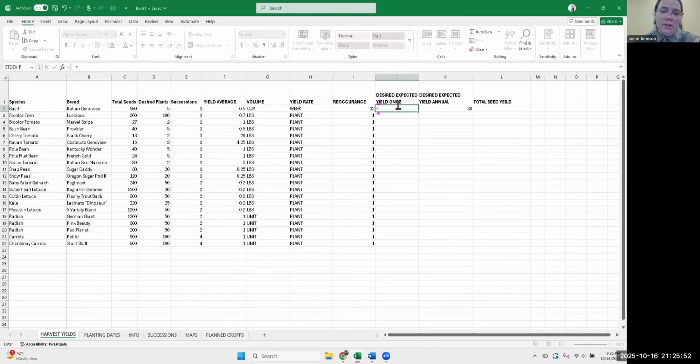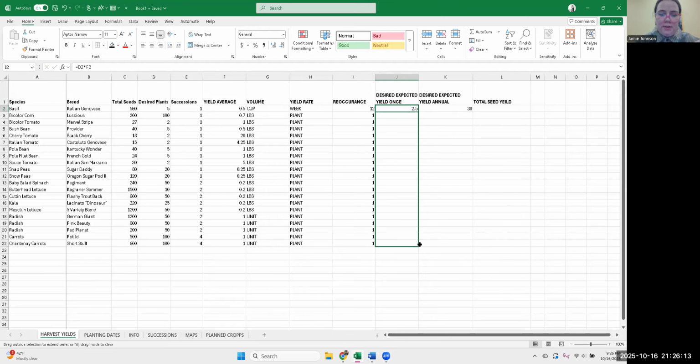So then I can do yield average by desired plants. Oh, desired plants by yield average, right? And then I just drag it down. Drag it down one more time.